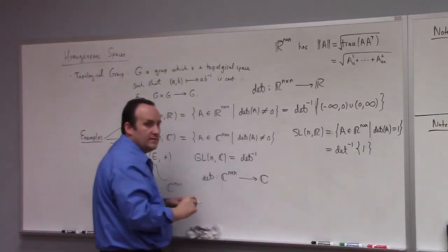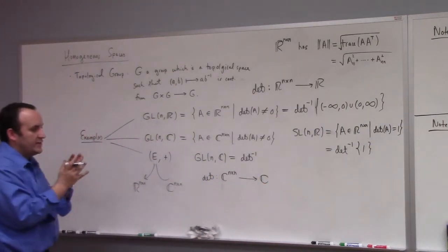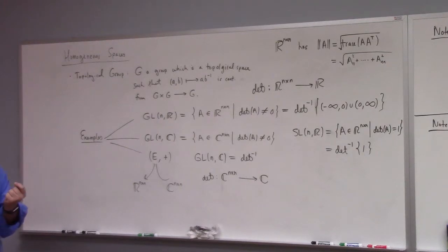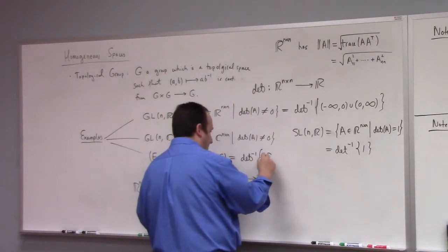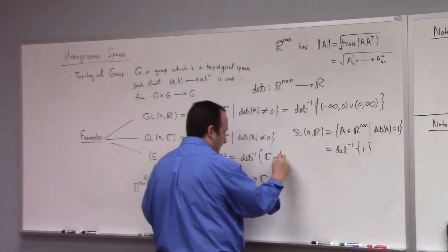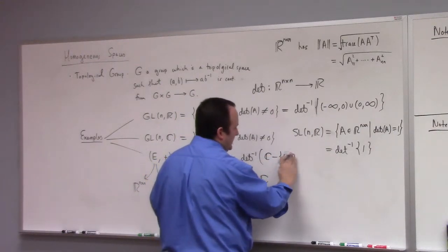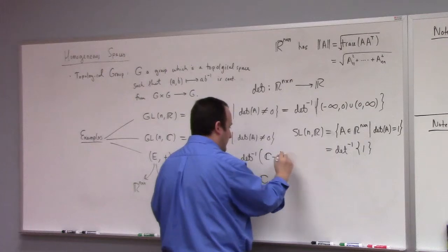C, right. And so we're looking at the inverse image of what? The complex numbers with what? 0, the punctured plane, if you will. Well, let me just say 0, right? Complex number 0.